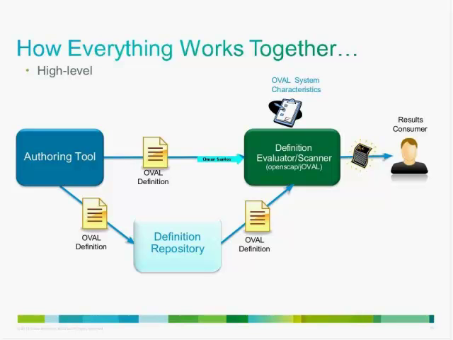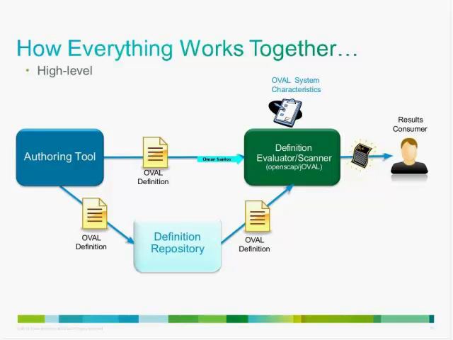Now, within that, there's many things that actually, of course, take place. There's what we call the OVAL system characteristics, which is all the information about the specific device that is being evaluated, and of course, information on how to evaluate the device is what is part of the OVAL definitions. There are several definition evaluators, what we call scanners, out in the industry.